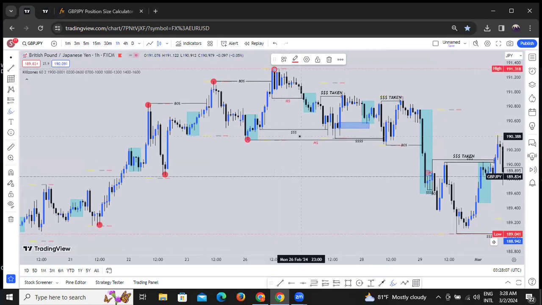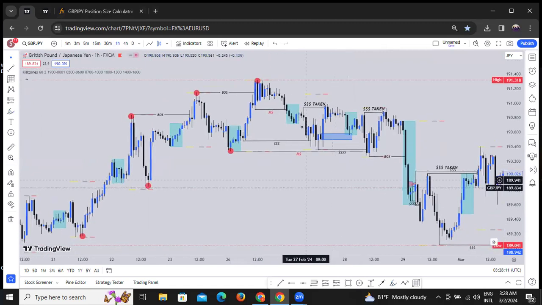And what did we see next? The market reversed. After some consolidation right here, the market reversed down and broke structure right here. And that was on Wednesday. Let me mark this with another color.